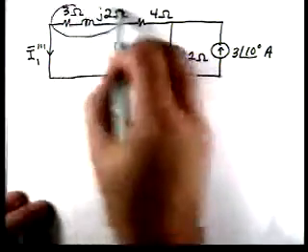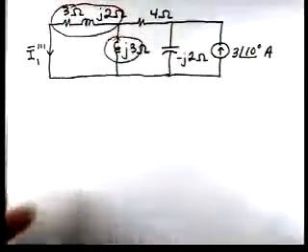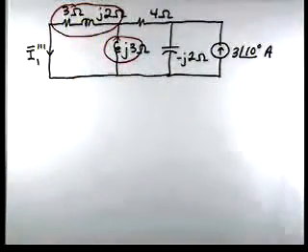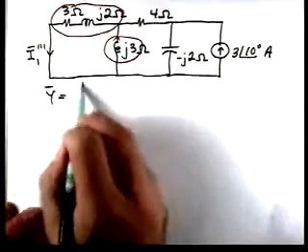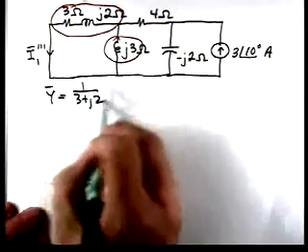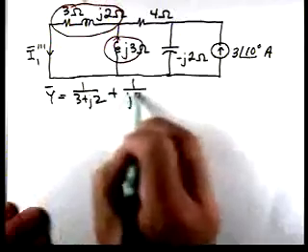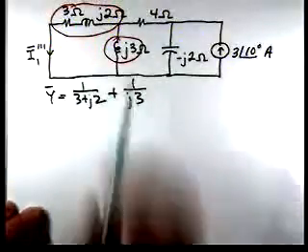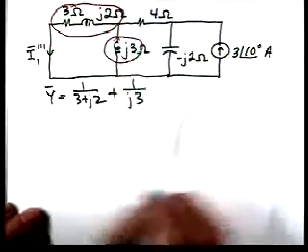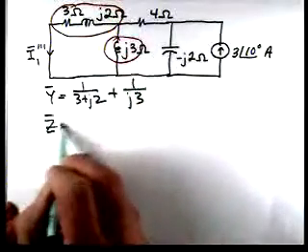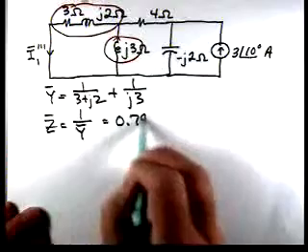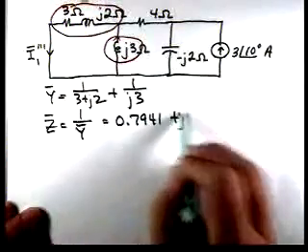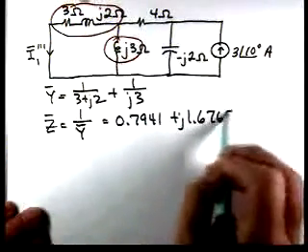This impedance and this impedance are in parallel, so their admittance would be 1 over 3 plus j2 plus 1 over j3. Since these two are going to be in series, I'm going to convert this to a Z. Z is 1 over Y, which is 0.7941 plus j1.6765.